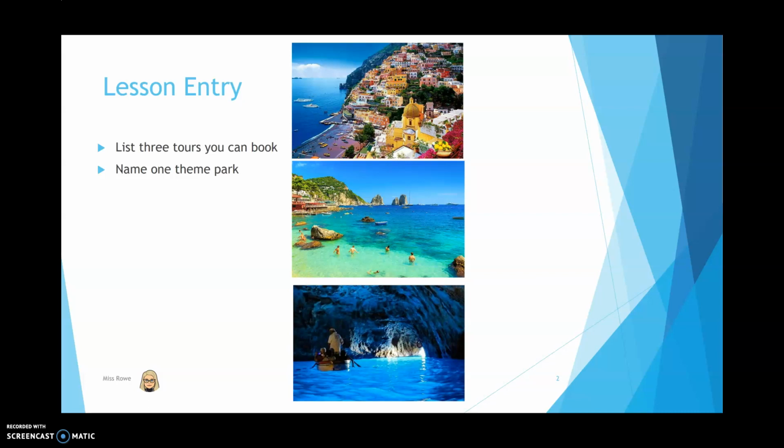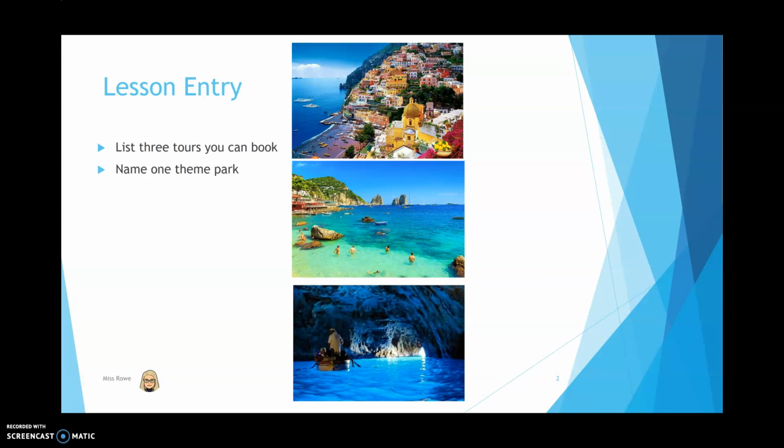List 3 tours you can book. The first one is the Amalfi Coast. You can go around there and have a look around Positano, and there's loads of things to do. You meet locals, buy flowers, buy lemons and take some beautiful pictures.